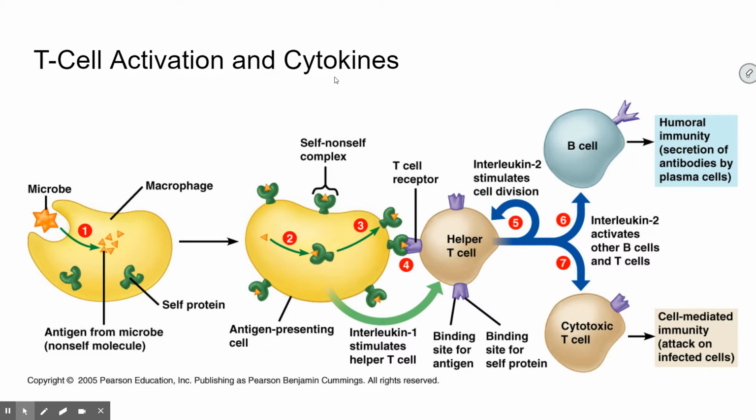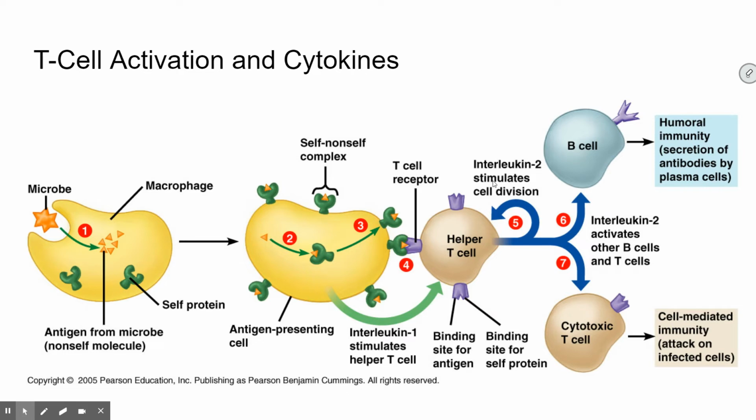There are two cytokines that we're going to look at in the specific immune response. There are more than that, but we're only going to focus on two. Those two are called interleukin 1 and interleukin 2. Interleukin 1, or IL-1, is released by macrophages, and you can see it here on this picture. The macrophage releases it, and it's basically saying, hey, helper T, come over here and look at this thing. And so it stimulates the helper T cell to come over and look at the thing.